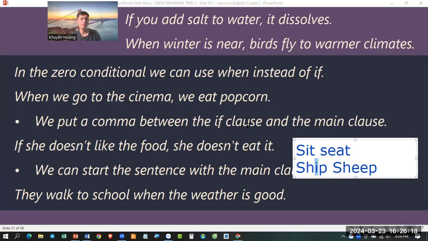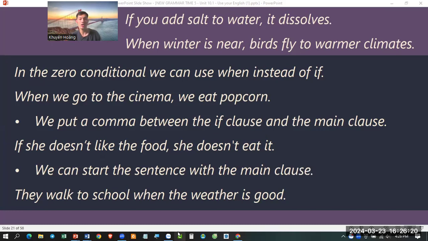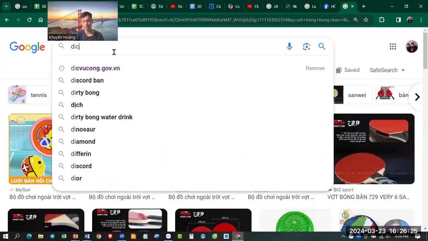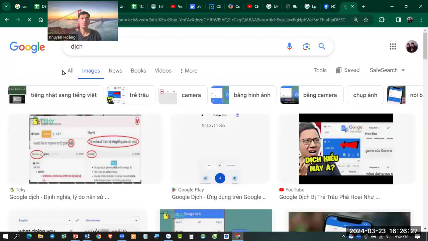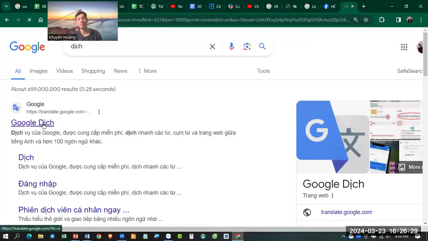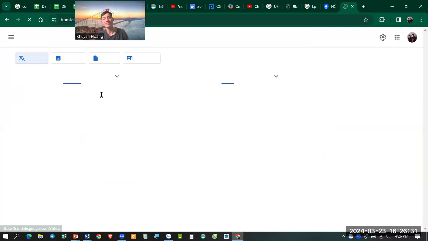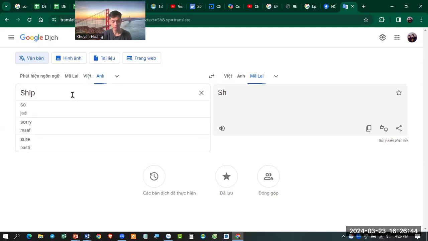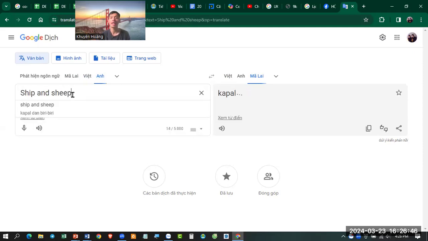You can check that on Google Translate because they are pronouncing it in the original, native language. Let's see.